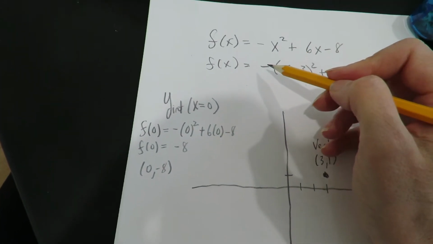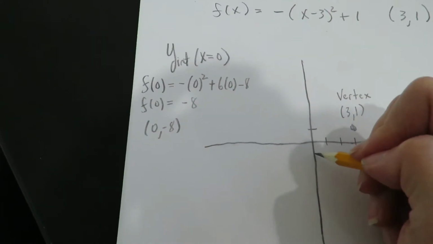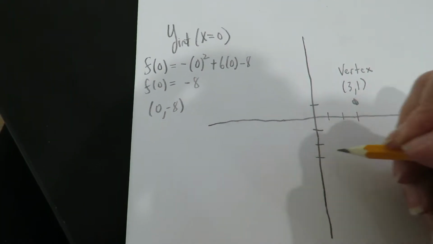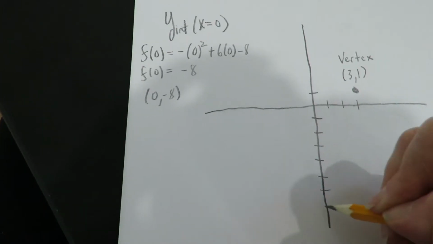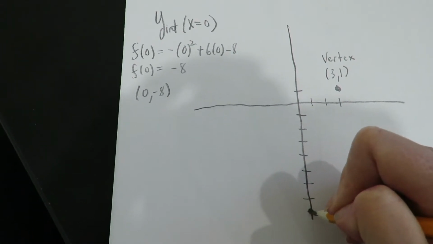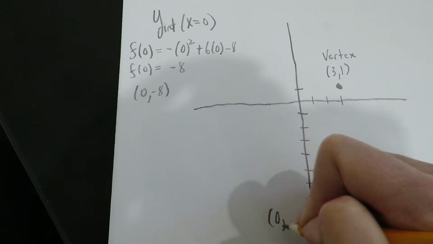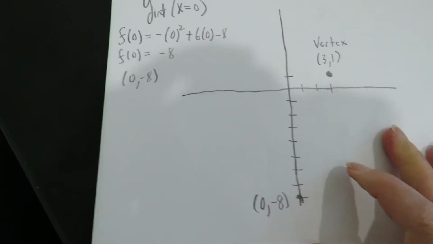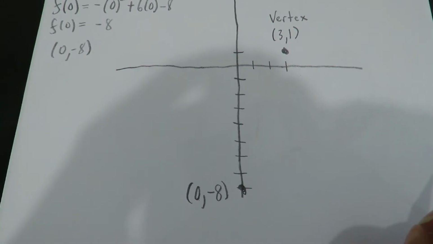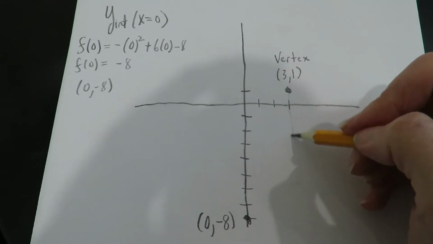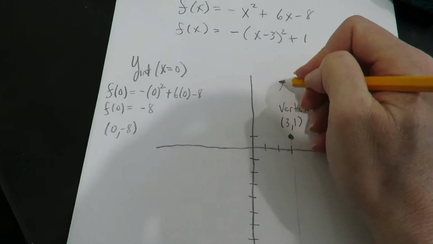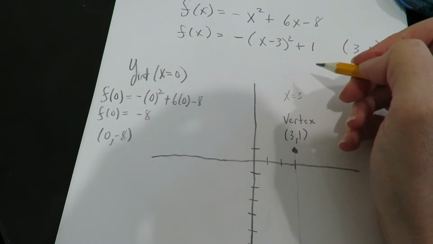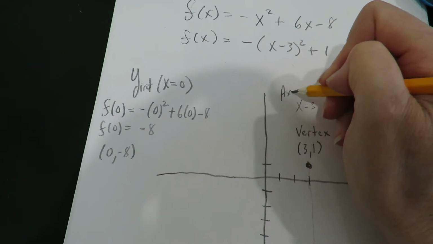Okay, like we said, this one had the negative out front, which means it's face down. I'm going to ask you to do a point by symmetry off of this, right? Remember how to do this? The axis of symmetry cuts through the center. So the axis of symmetry is x equals 3 if you say it as a line.